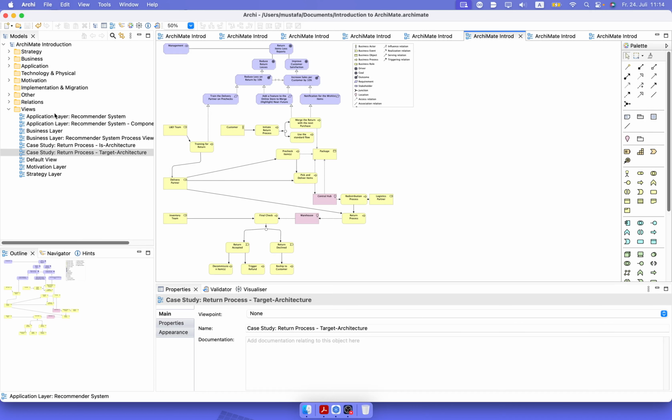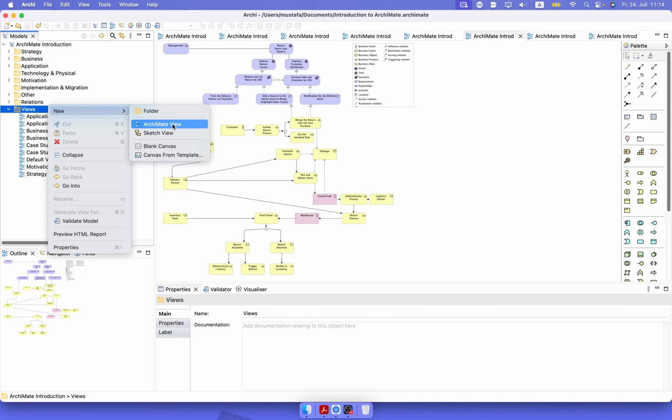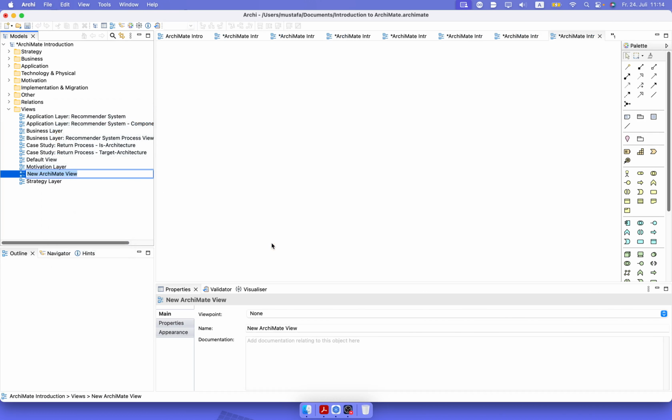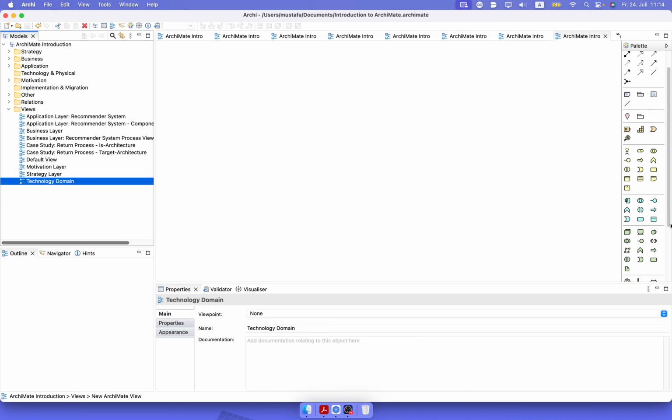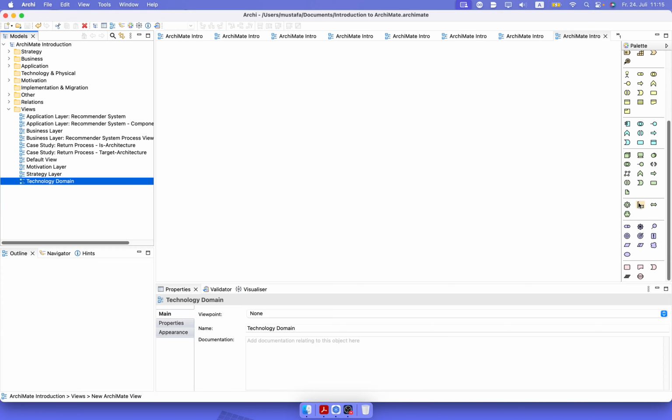So we start with adding a new ArchiMate view, technology domain. We try to lay out the infrastructure that would support all of our system as much as we could, and now we are in the green layer. You can see it is separated into two domains, the technology domain and the physical domain.